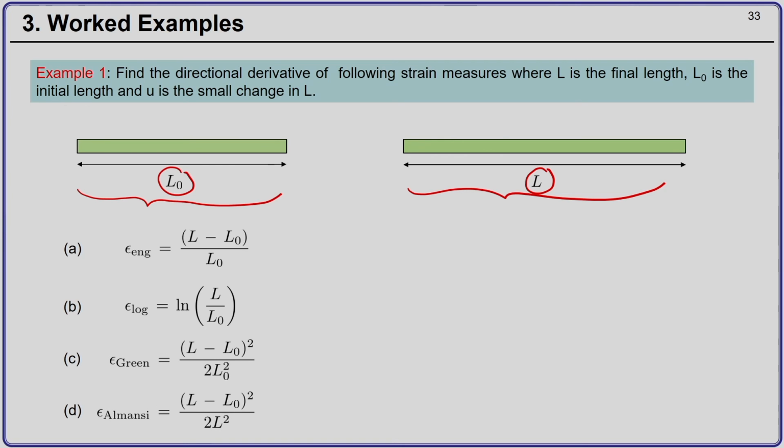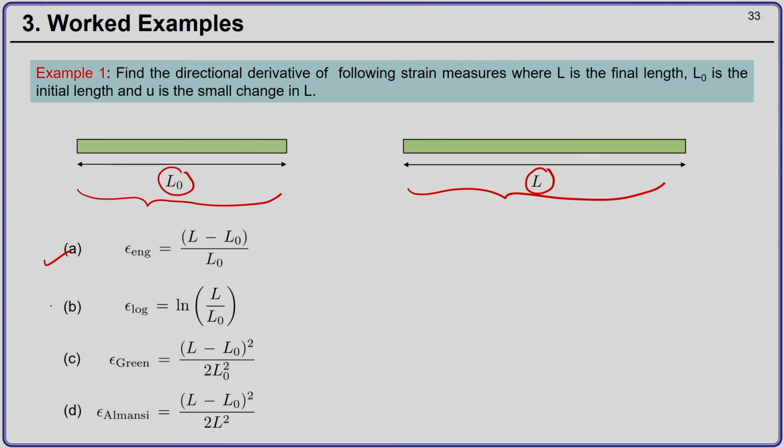Without going deeper into how these strains are derived, we will just look into these 4 strain measures. This is a uniaxial case, so there is no tensor or vector involved.